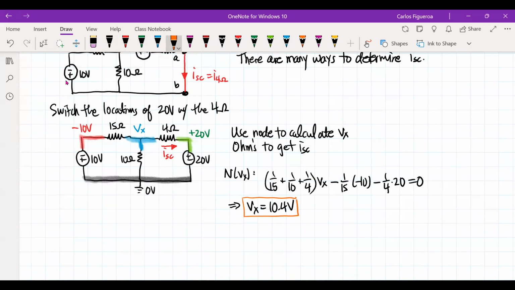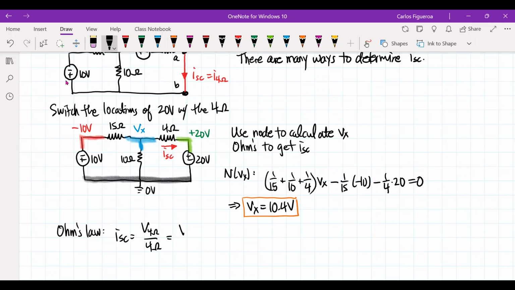So I now have Vx right there. Now I'm going to use Ohm's law for I short circuit, but now I know what Vx is. So Ohm's law tells me that I short circuit should be the voltage across the 4 ohm divided by 4 ohms.